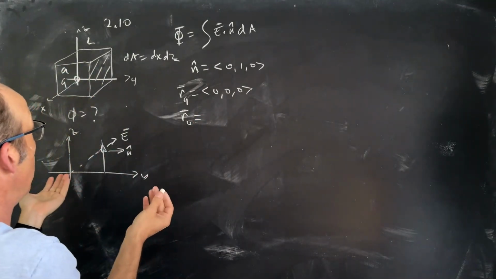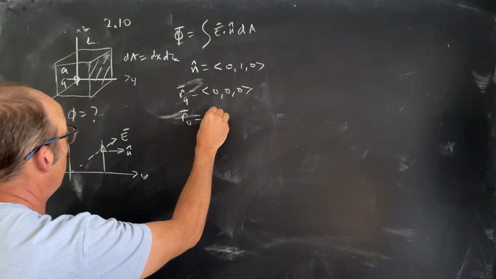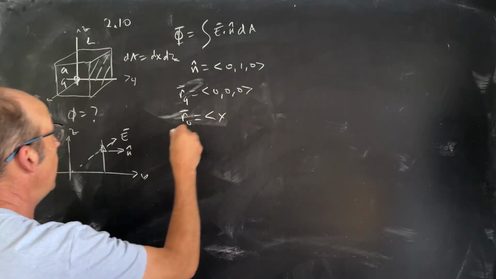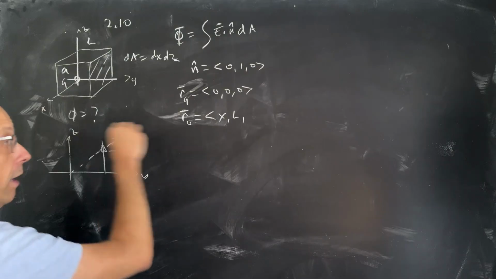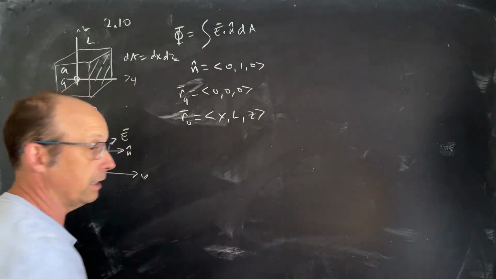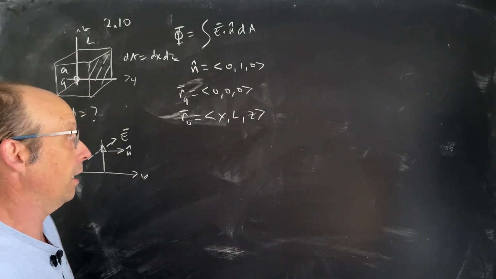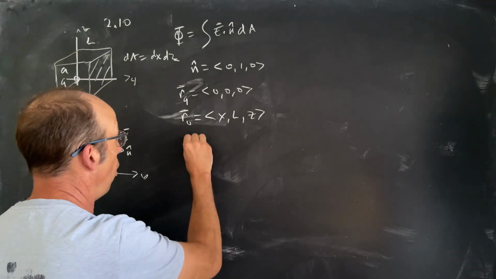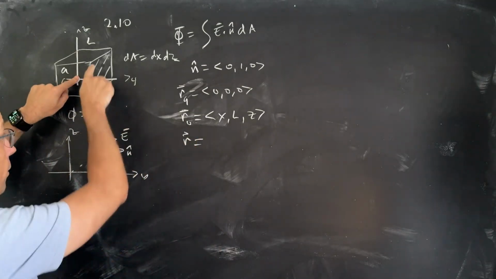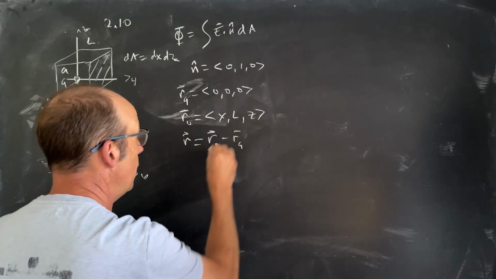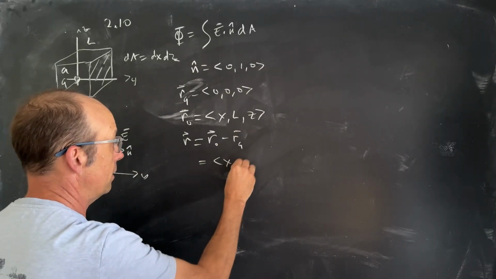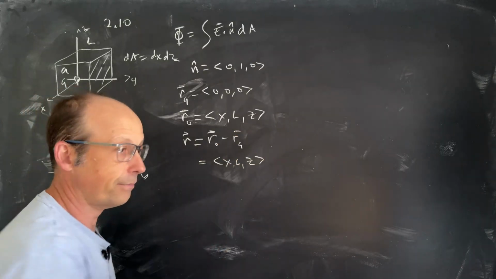So let's say generically it has some x component, which we don't know. It has a y component, which is L, right? They all have the same y value, and then it has a z component, z. So we don't really know exactly what it is. But I can find r, the vector from here to there. It's just going to be r_O minus r_Q, and that's going to be just x, L, z.